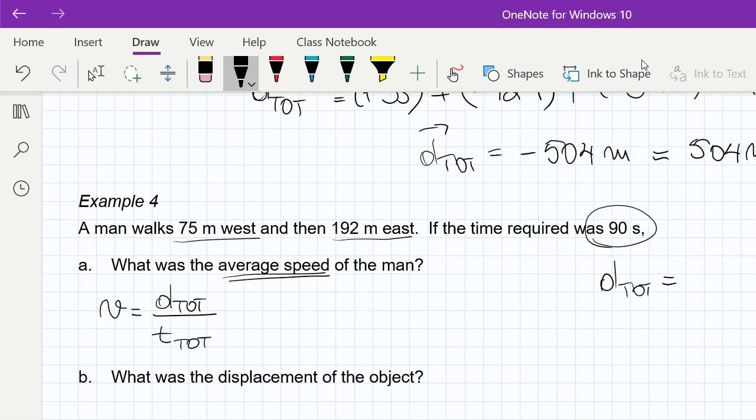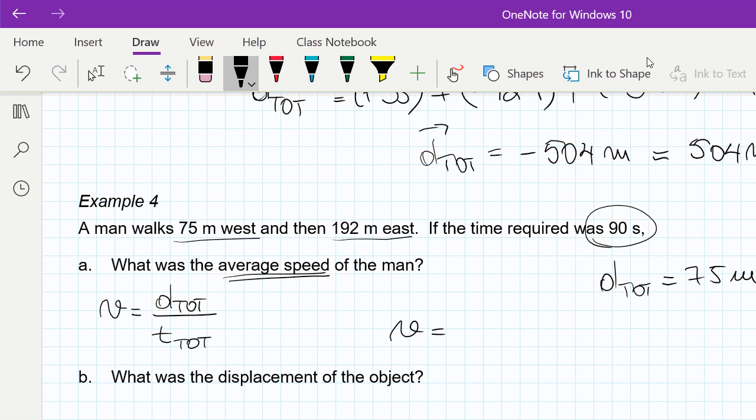As we said, distance is just adding them all together, 75 meters plus 192 meters, and this will be 267. Do you have this, guys? Yes or no?